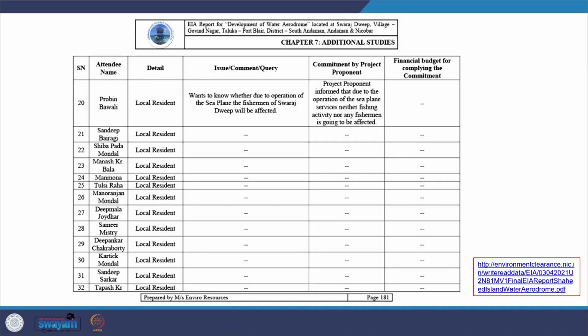So we can see here one of the comments, Probeen Bawali, local resident, wants to know whether due to operation of the seaplane, the fishermen of Swaraj Deep will be affected. So the project proponent informed that due to operation of the seaplane service, neither fishing activity nor any fisherman is going to be affected.